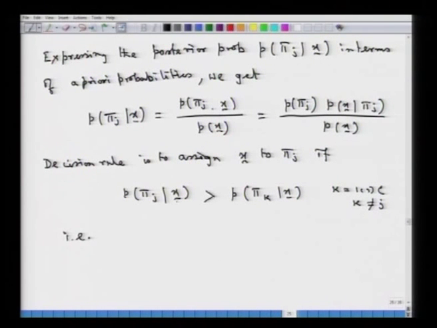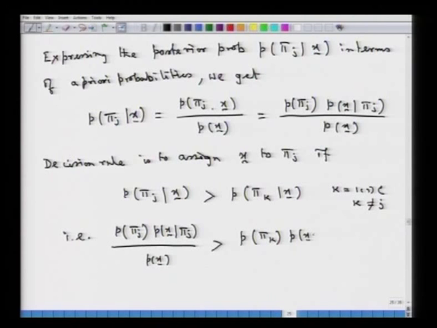Note that in the posterior probabilities on the left side and the right side, we have the same term P(x) common. So we can write one step here: P(π_j) P(x | π_j) divided by P(x) is greater than P(π_k) P(x | π_k) divided by P(x), for the same set of k values.